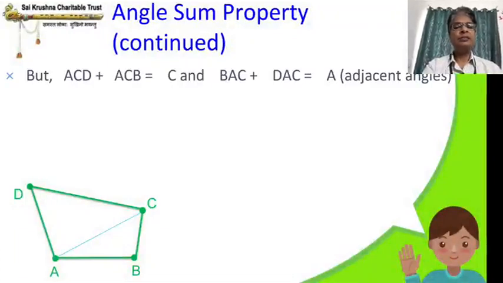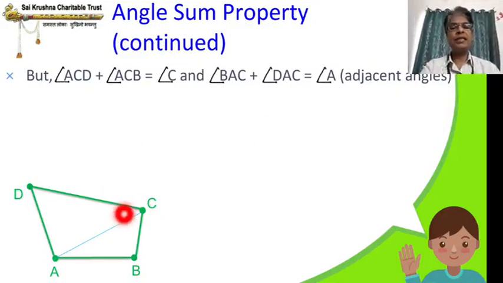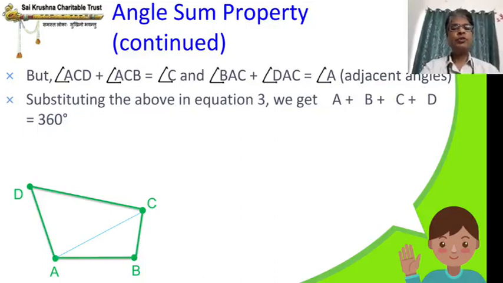But ACD plus ACB equals angle C, and BAC plus DAC equals angle A. The reason is adjacent angles. You can see that ACD is at the top and ACB is at the bottom, so together it becomes angle C. Similarly, DAC and BAC together become angle A. Substituting this in equation number 3, we get angle A plus angle B plus angle C plus angle D equals 360 degrees.